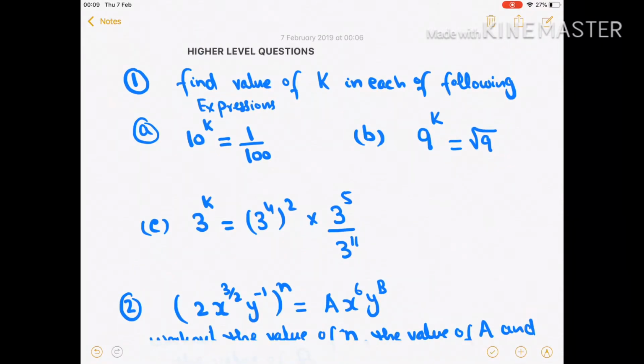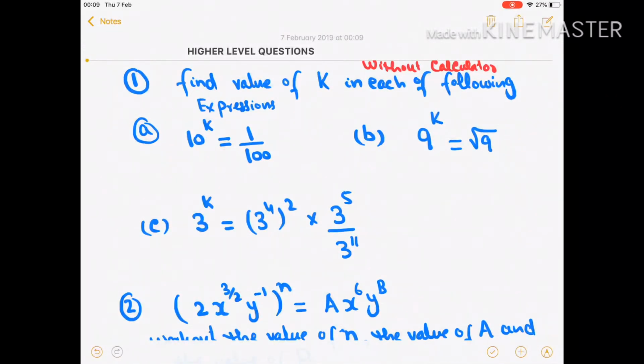Another higher level question, without calculator. Question 1: find the value of k in each of the following expressions. There are three expressions, a, b, c.